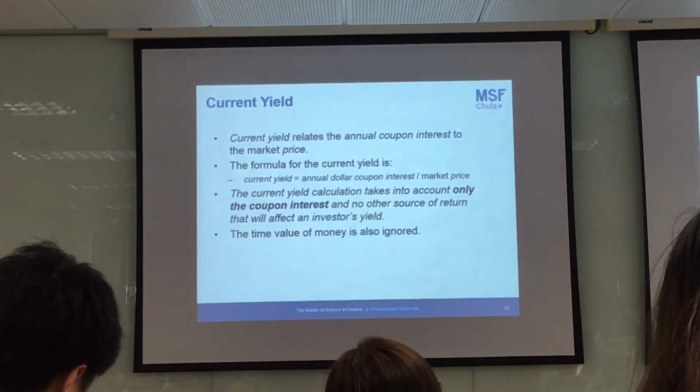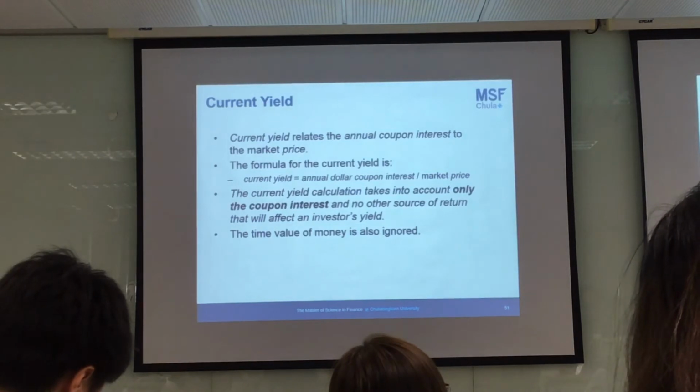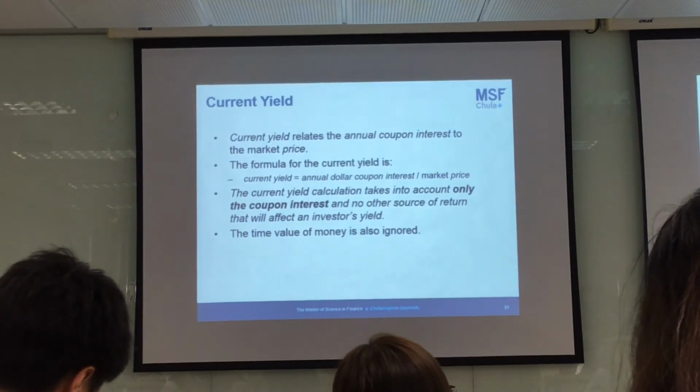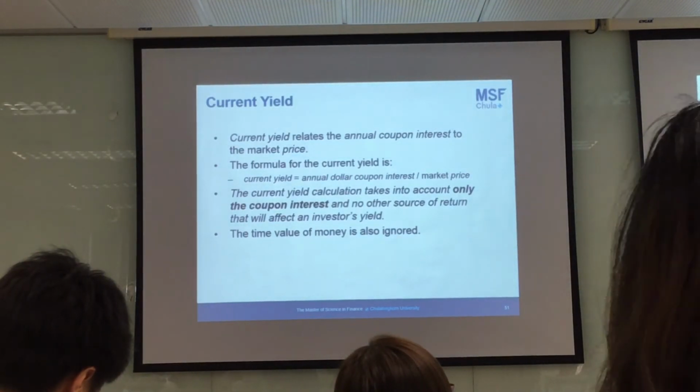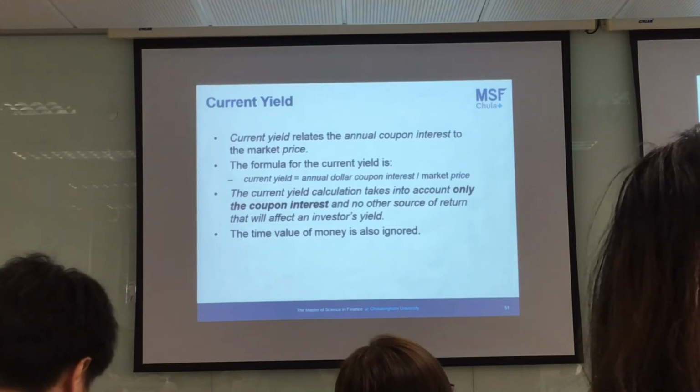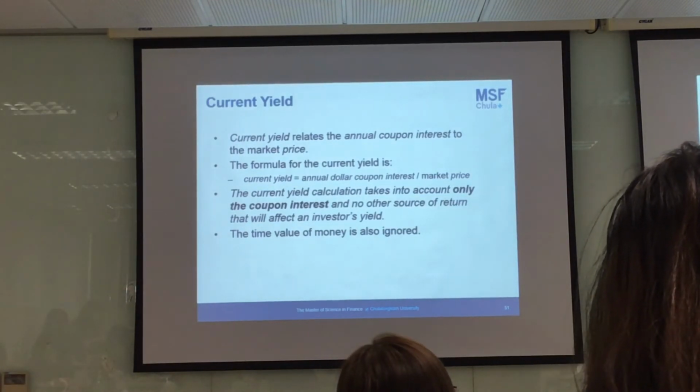And as I mentioned last week, if the bond price is equal to par, the current yield is going to be equal to the yield to maturity. However, if the bond price trades higher or lower than par, then the current yield and the yield to maturity may not be the same.